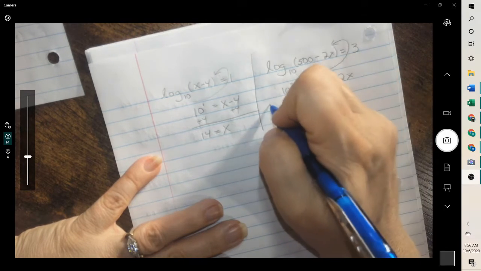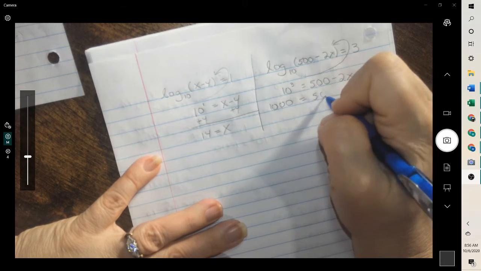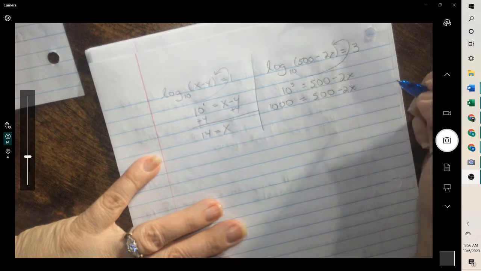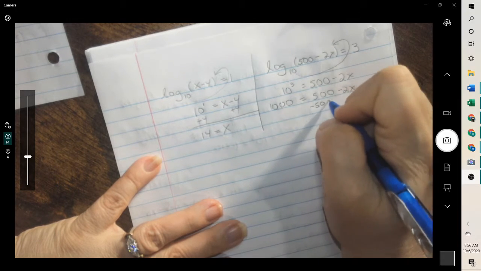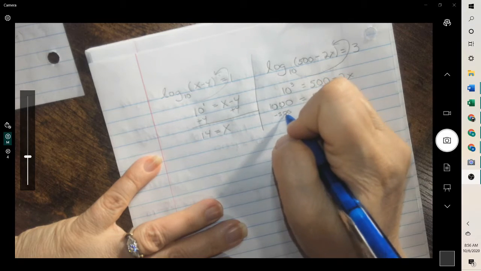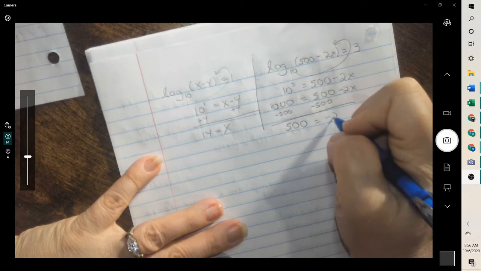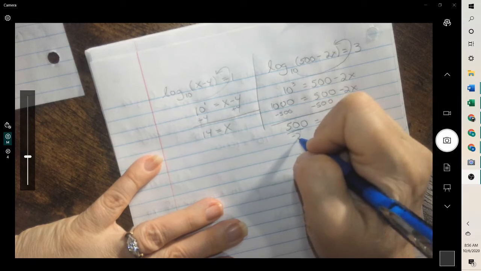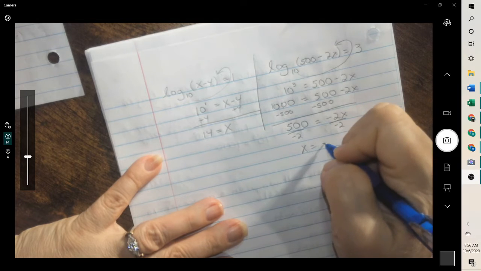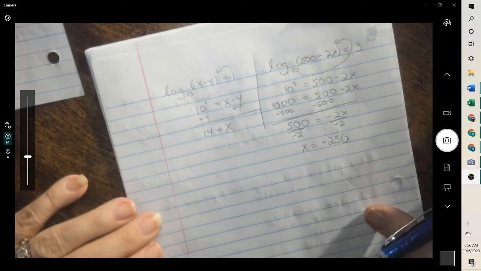Well, 10 to the third would be 3 zeros. And then we're trying to get x by itself, so we'll subtract the 500. And divide by the negative 2. So x is negative 250.